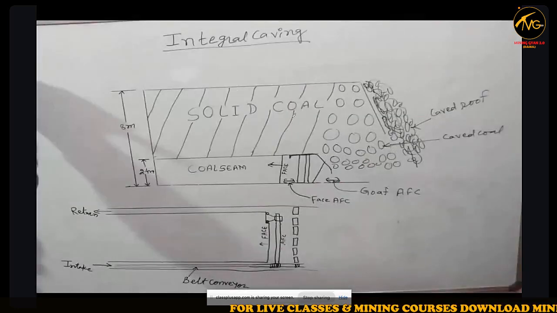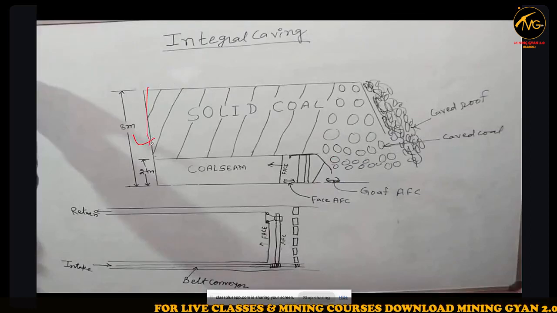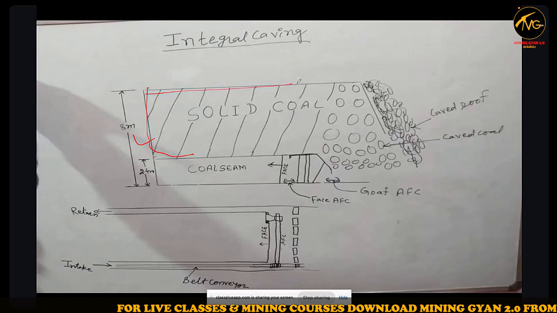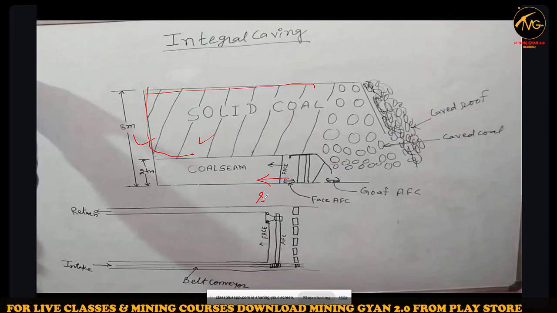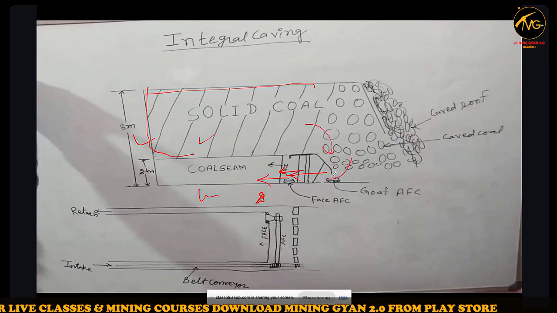Then integrated caving: we will divide in two slices. The first slice we leave, and in the bottom slice we use the sub-level long wall retreating method. When we come back, it will fall down. We will use GOF AFC and take this coal out.